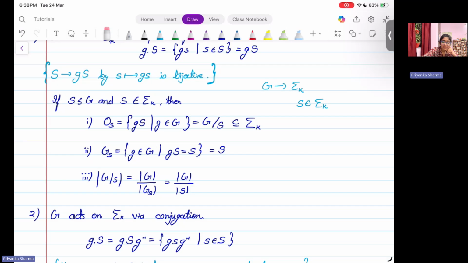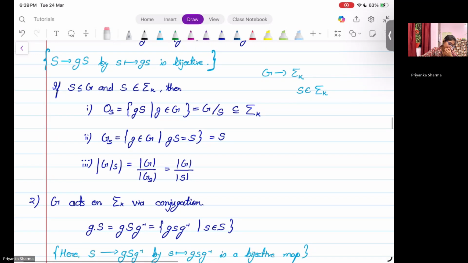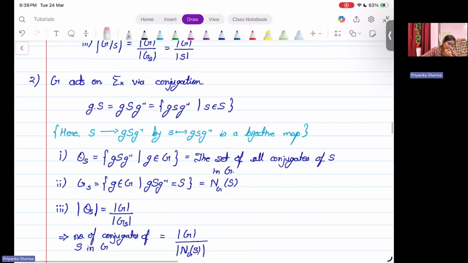So this will give us the cardinality of G mod S is the cardinality of G divided by the cardinality of S. So this is a form of Lagrange's theorem actually. Okay.